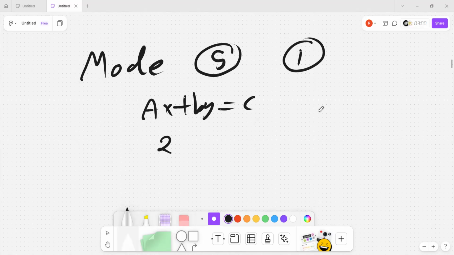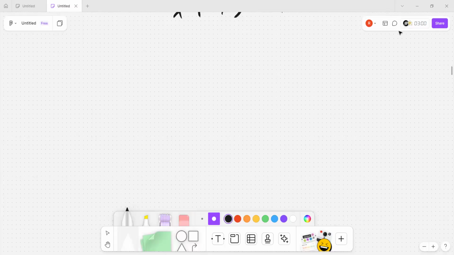Let's say that we have 2x plus 3y equals 5, x plus 7y equals, let's say, 4. You can do mode 5.1 now. Go ahead. So these are all the basics about lines.